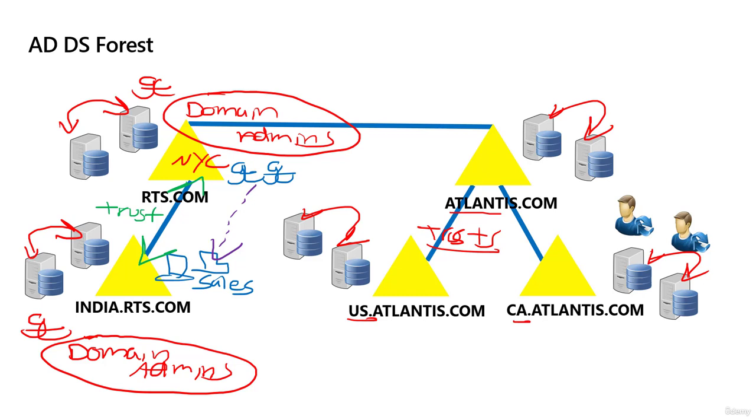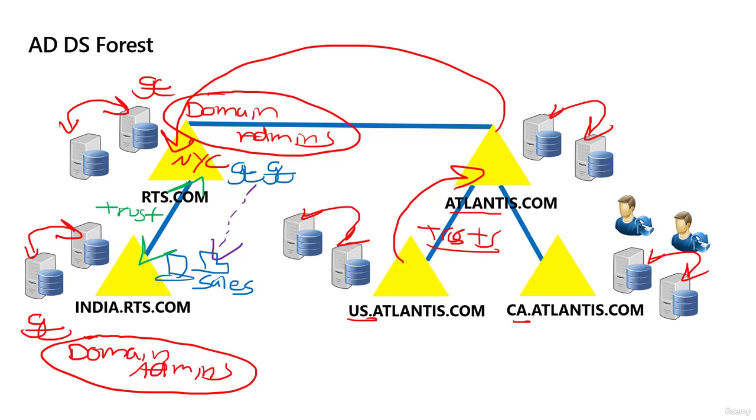Now, if you look at this picture, the way it actually works, you can access a resource from anywhere in this graphic because there's a trust between US and the Atlantis.com. There's a trust between Atlantis and RTS. So ultimately, you can be assigned permissions to any resource anywhere in this forest, regardless of what domain you are in, regardless of what domain the resource is actually in.